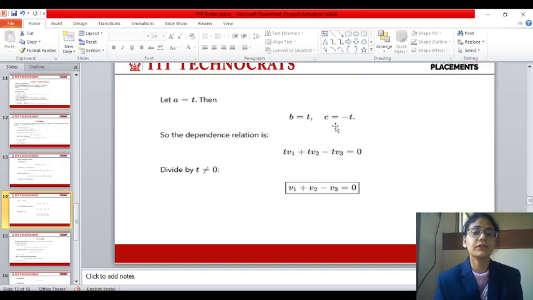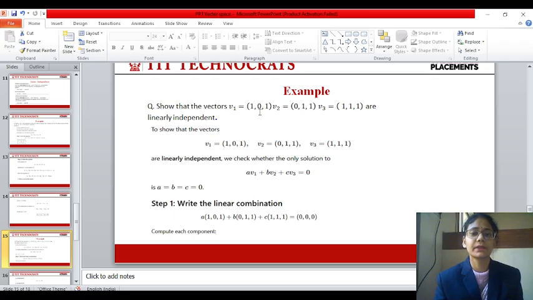So if we take a equal to t, then b will be t and c will be equal to minus t. Put it in the starting equation. Here you can see that v1 plus v2 minus v3 is equal to 0. This is a relation between them, which means a is non-zero, b is non-zero and c is also non-zero. Hence this given set of vectors is linearly dependent.